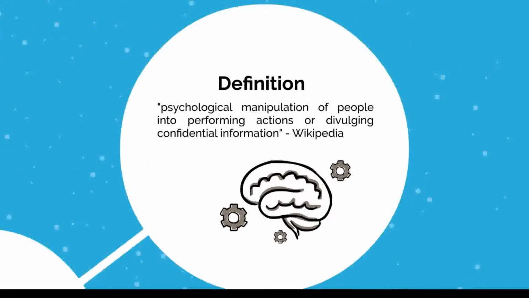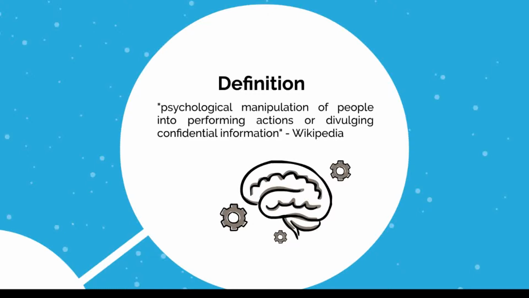According to Wikipedia, social engineering refers to a kind of psychological manipulation of people into performing actions or divulging confidential information. In other words, besides computer techniques, social engineering is focusing more on exploiting human weakness.